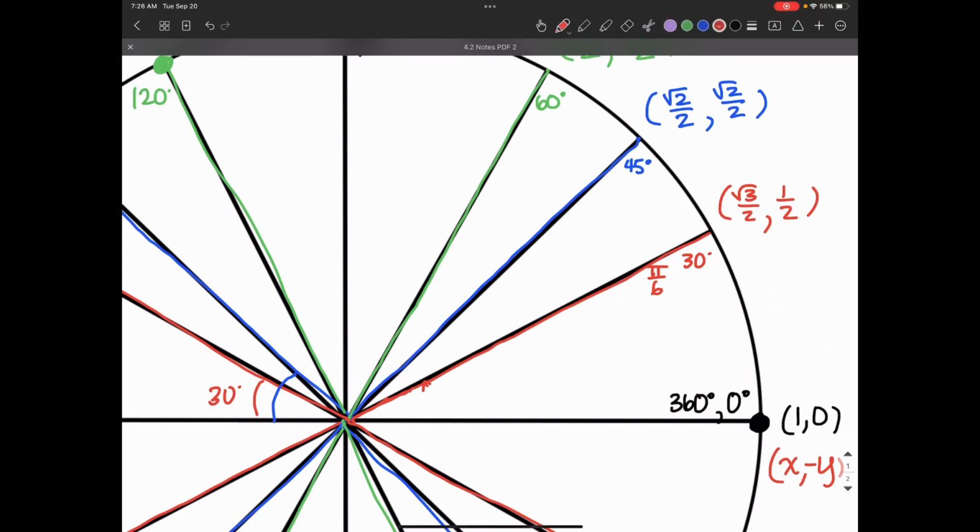I know that to go from 45 degrees to radians, I would multiply 45 times pi over 180. 45 and 180 do have something in common. They have 45 in common. So 180 divided by 45 is 4, and 45 divided by 45 is 1. So this is also pi over 4.